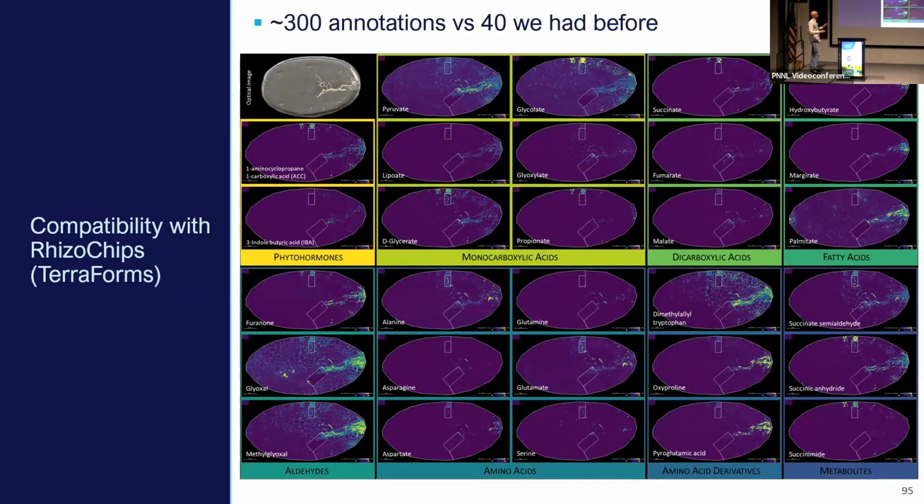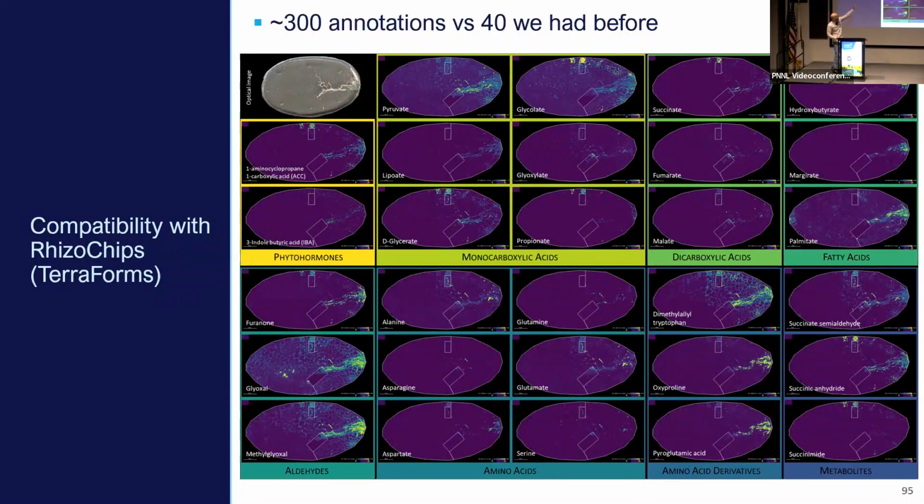Before, in our conventional workflows, we were able to maybe annotate like 40 molecules. Now we can detect like 10 times more. And you can see that they have really different spatial distributions. Some of them associate just with the root. Some of them are just beside the root, like root exudate. Some come from exactly the root.